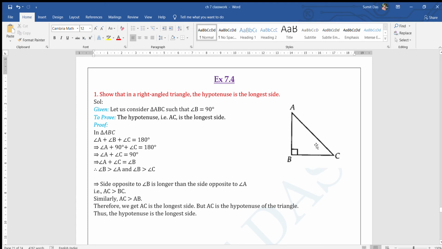In triangle ABC, angle A plus angle B plus angle C equals 180. Can anyone tell me why?